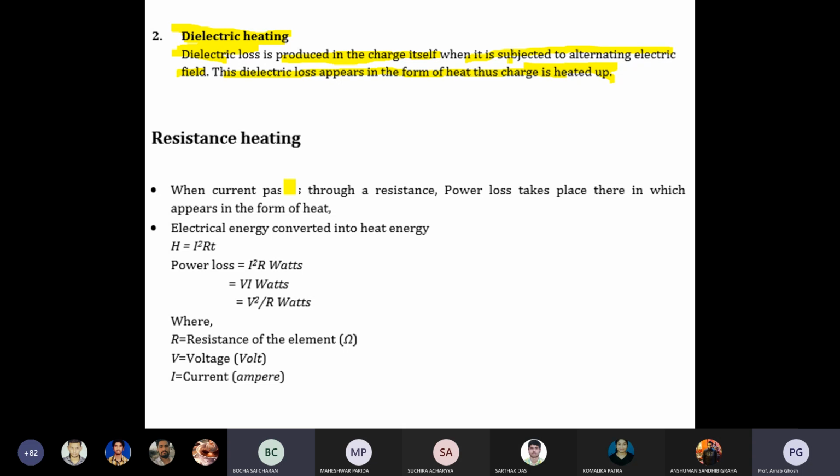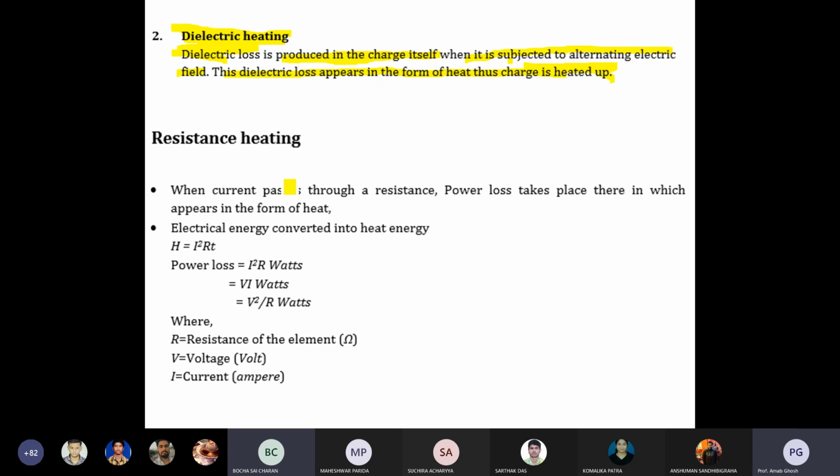Dielectric means insulating material. There are two plates, and in between the two plates insulating material is there. You heat up that material, and automatically it is heated. Especially you use this methodology for non-metals.